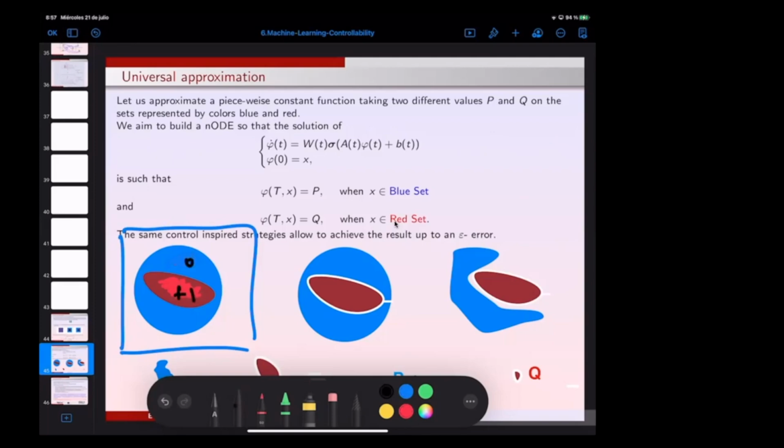And I tell you, well, listen, but these are clearly two different pieces of material that I would like to separate. And I would like the blue material to go here and the red material to go there. So this is like when you are filtering the coffee. I mean, you get the liquid with the aroma, but you get the powder out.